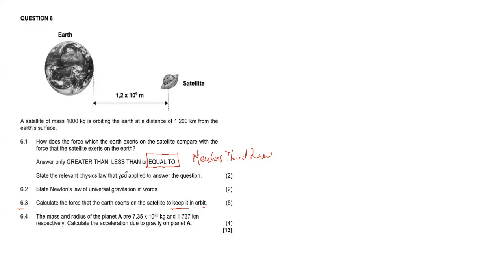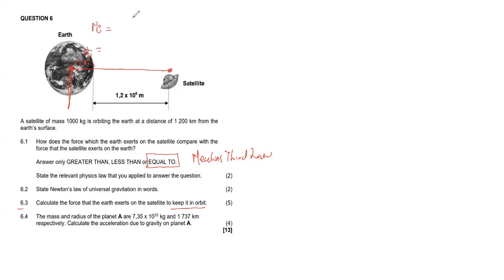So if we are to calculate the force that the Earth exerts on the satellite to keep it in orbit, that means the distance that we will require is the distance all the way from the center of the Earth to the center of the satellite, right? So we need the distance in between this, the surface of the Earth and the center of the Earth is what we call the radius of the Earth, right? Which is always given to be a constant.